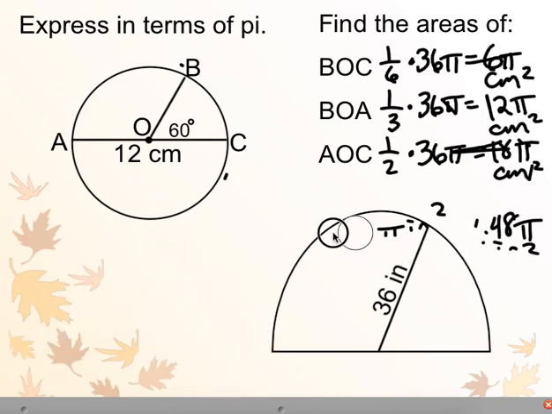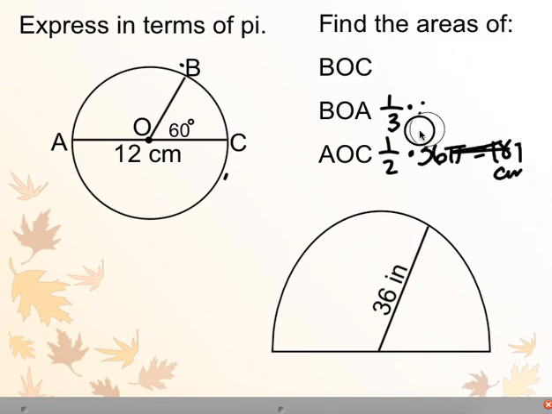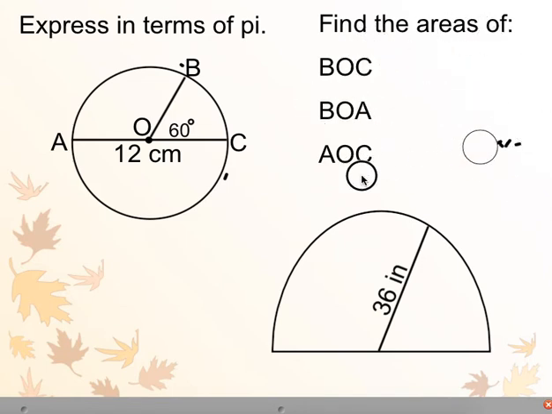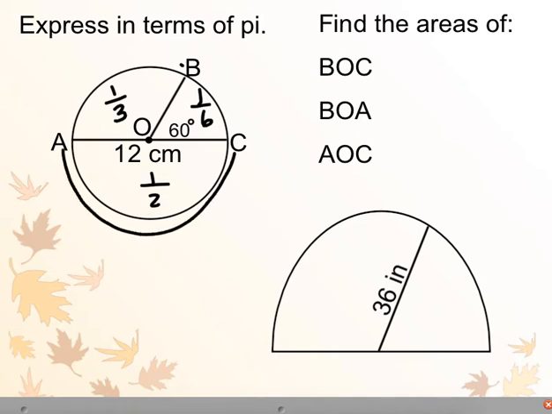Now remember that our circumference is not using pi r squared anymore to find it. I'm going to use pi times diameter, but I am still going to use the fact that we have 1/6 of the pie, 1/3, and 1/2, because these arcs are all based on those central angles still.